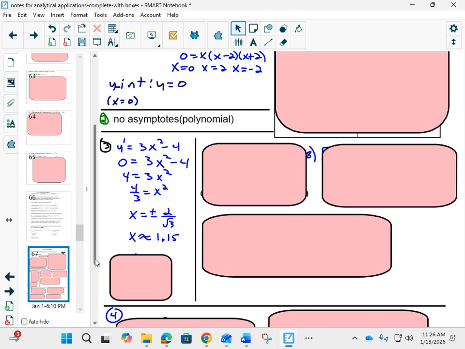Find our first derivative. Let's set it equal to 0. We get plus or minus 2 over root 3. Can also find our second derivative.